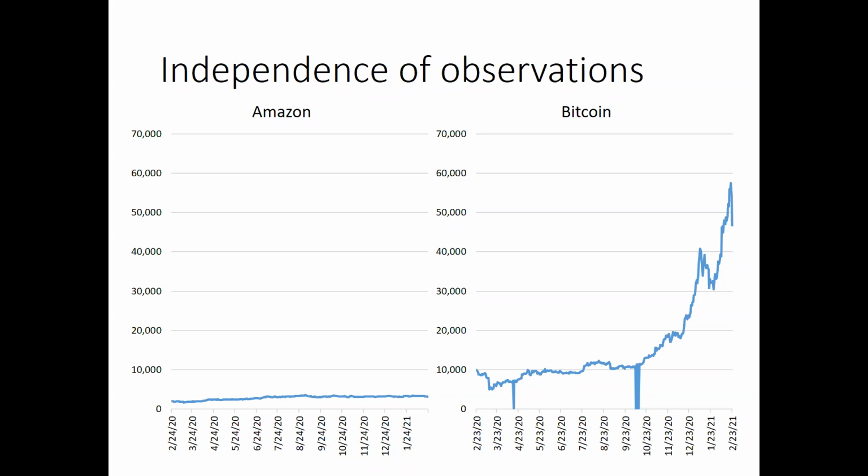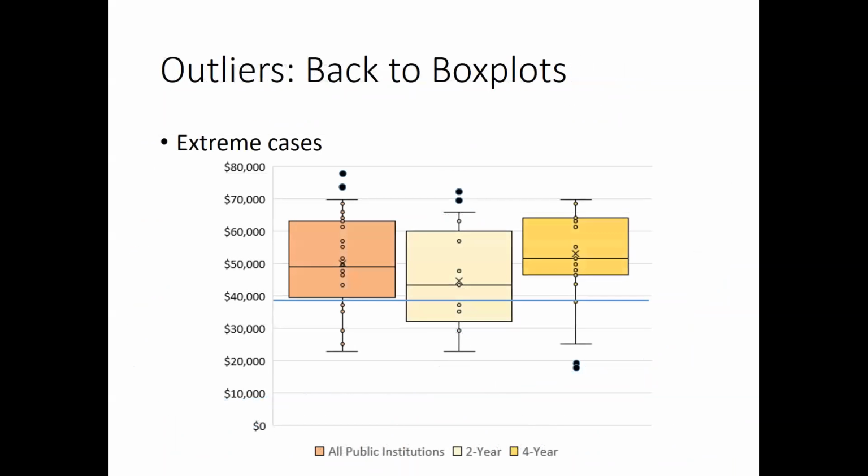So don't think that stocks are always going to be independent of each other, but at least in this case, it's insane how much cryptocurrency separated itself from the more established financial markets. Feel free to look up this historical data for all of them. Anyway, just wanted to make that point.